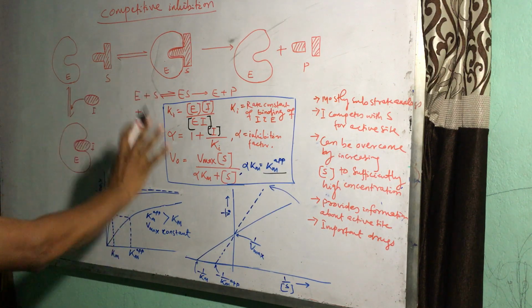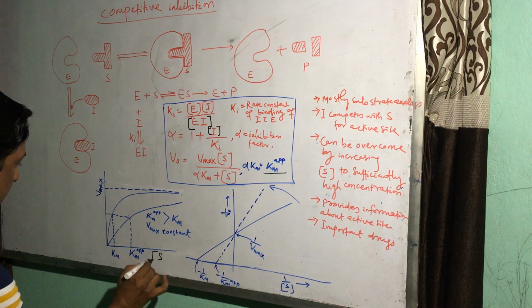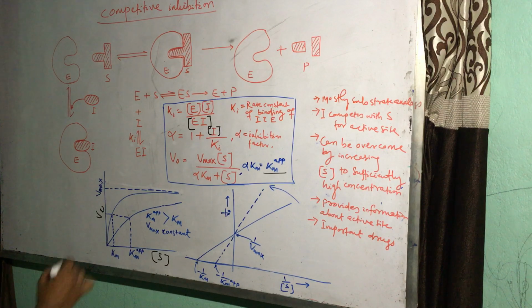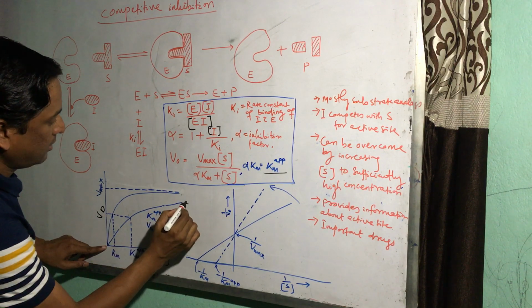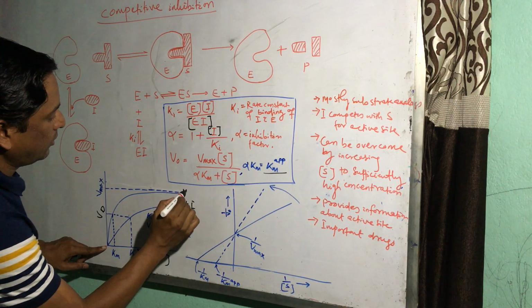So if we plot this curve, the substrate and velocity curve, we are going to get a curve like this. This is in the presence of inhibitor, and this is without inhibitor, no inhibitor.